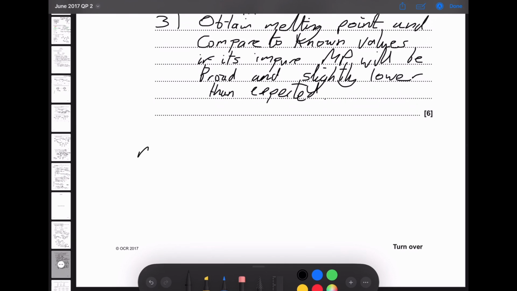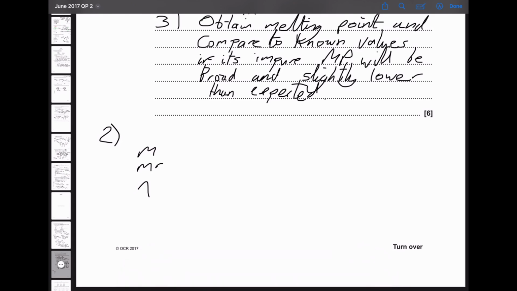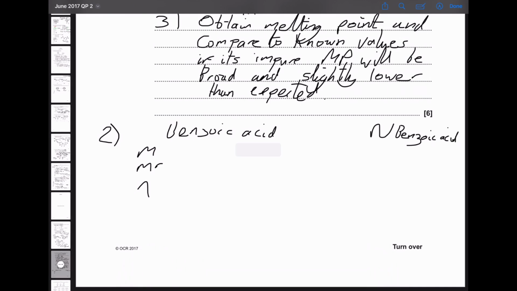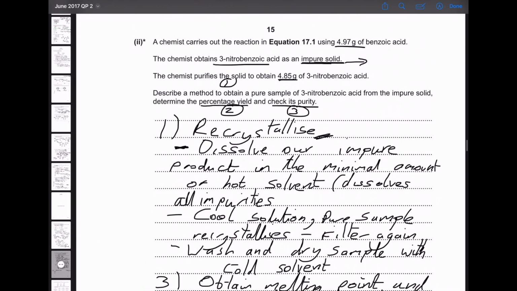So we're going to do our little grid again. This is part 2. This is our benzoic acid, and this is our nitrobenzoic acid. I've said it and I've forgotten how much of each we get.